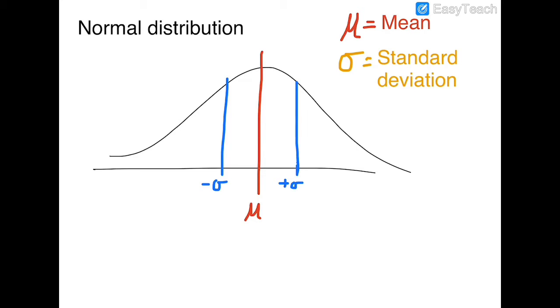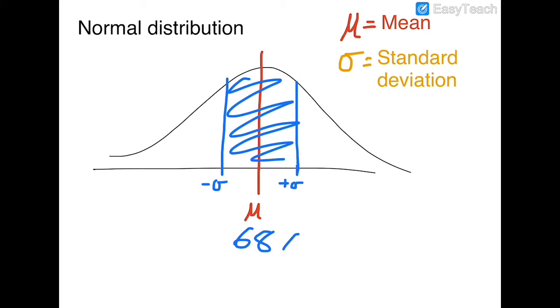All the data that we have here is going to represent 68% of our data. If I wanted to know just half of that, from the mean to one standard deviation, it's just half of it, which is 34% of the data, and it's exactly the same for the other side. From here to here, it's also 34% of the data.